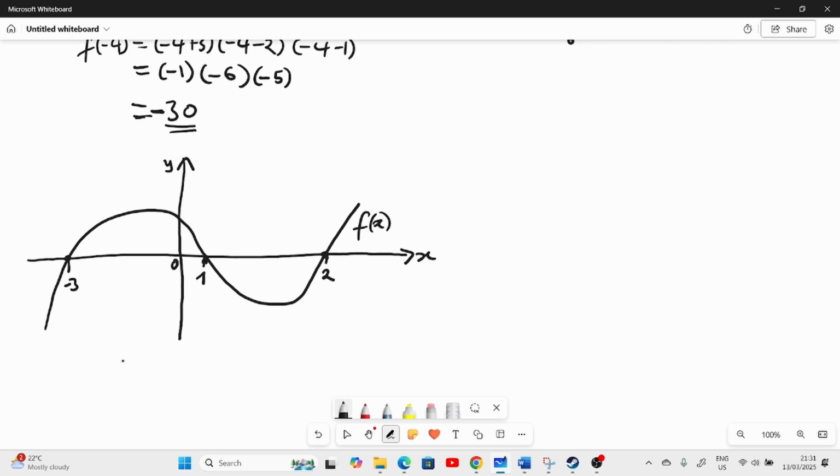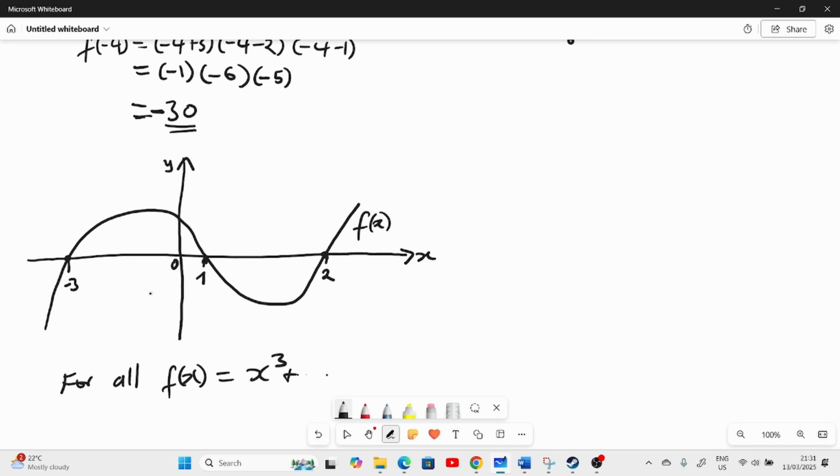But there's one key thing here that I need to mention: for all functions with x power 3, all cubic equations plus whatever follows, the shape will always be in this form.